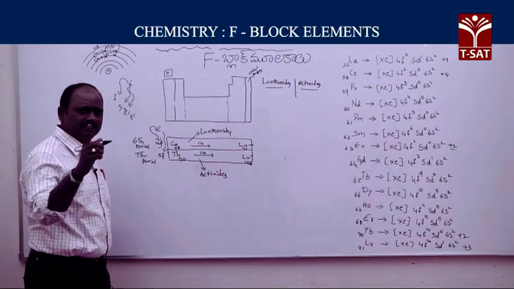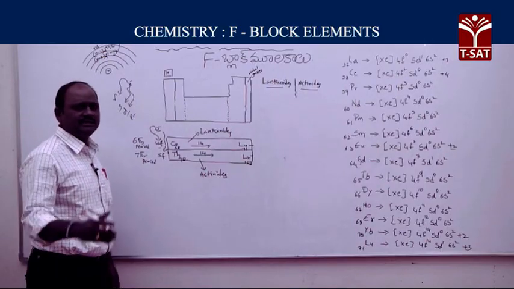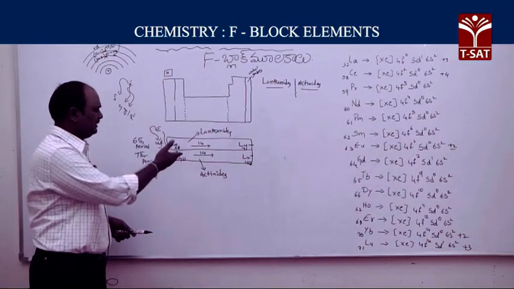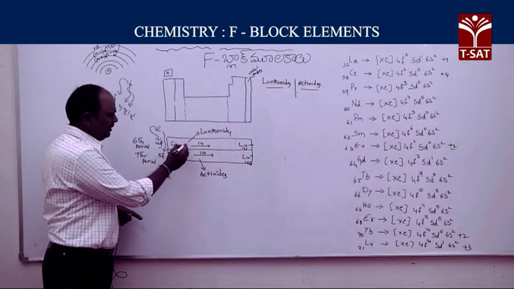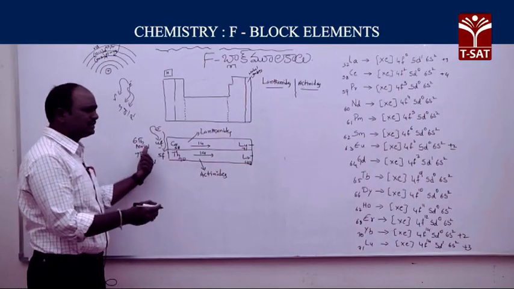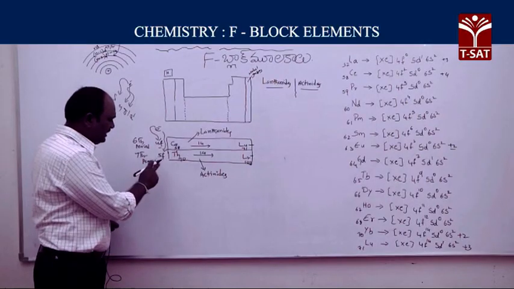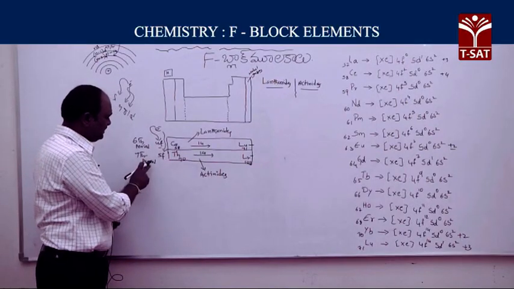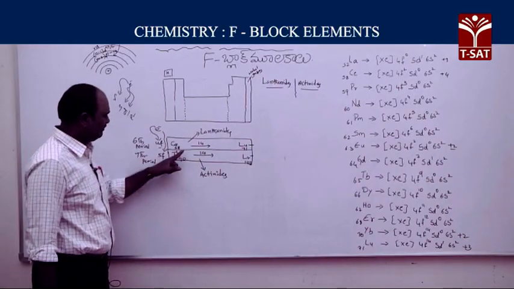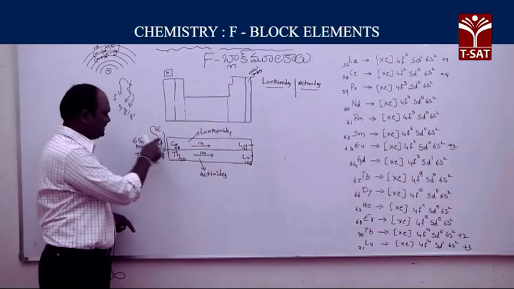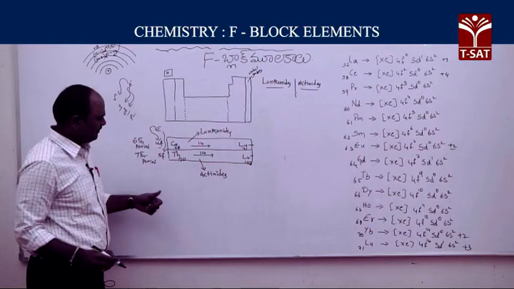And here sometimes in medical, engineering, IIT Mains and Advanced examinations they ask even the period number. Lanthanides are present in the 6th period of the periodic table, and actinides are present in the 7th period. Remember, lanthanides are present in the 6th period, actinides are present in the 7th period.